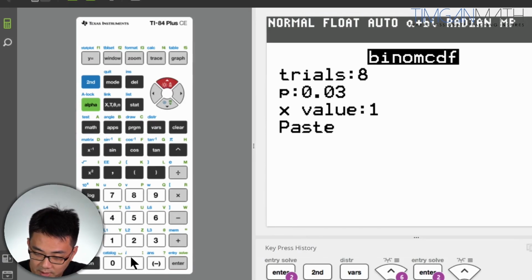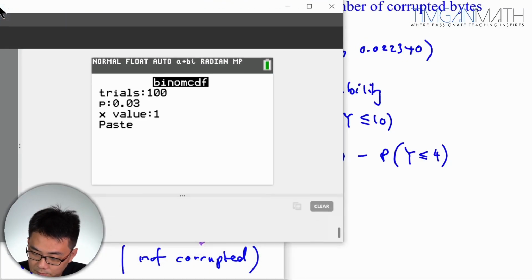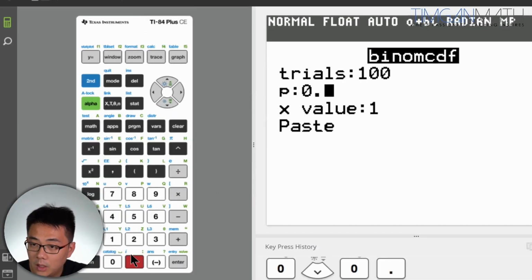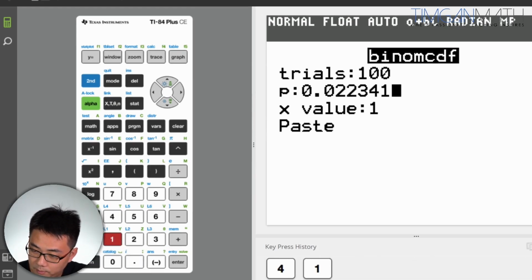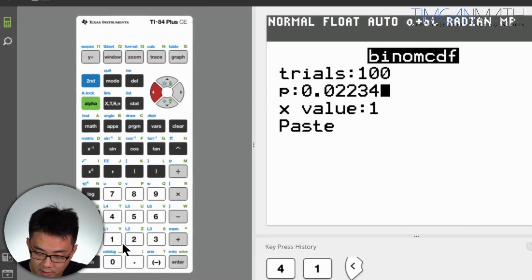So you have 100 bytes here, and every 1 byte has, what's the chance here? 0.0223410. You can just put a 0 because I truncated it.